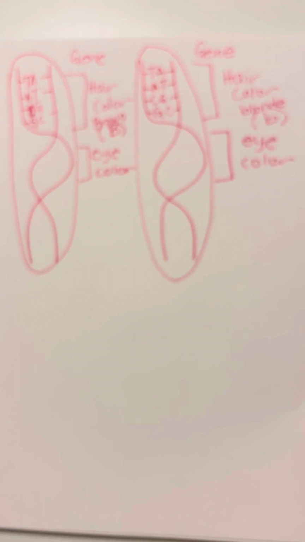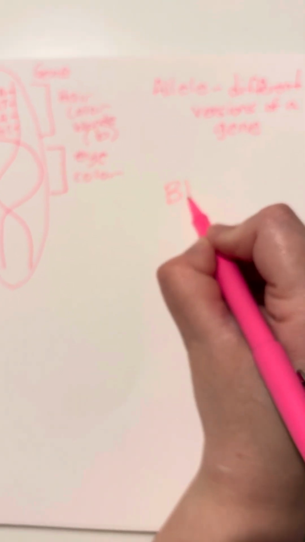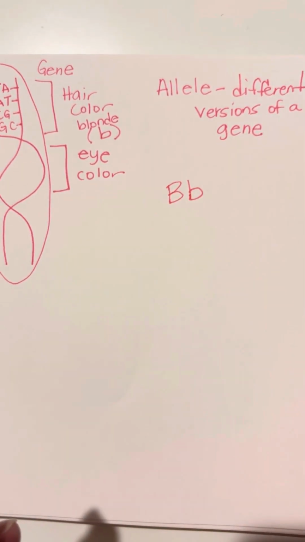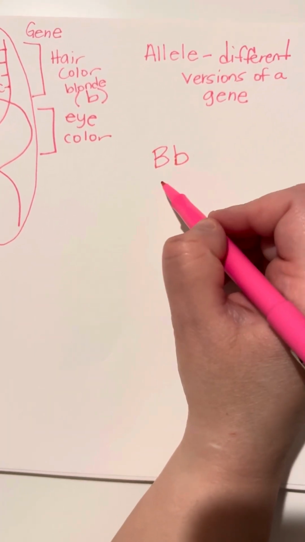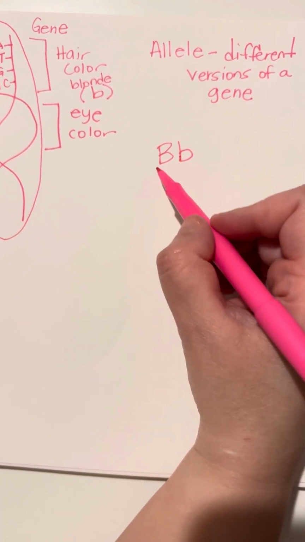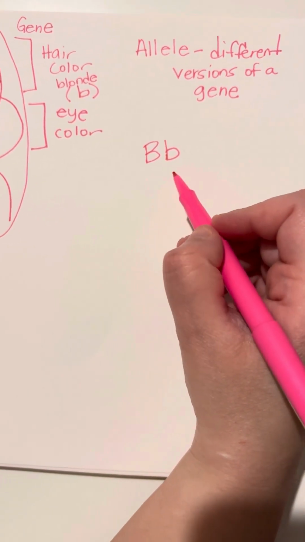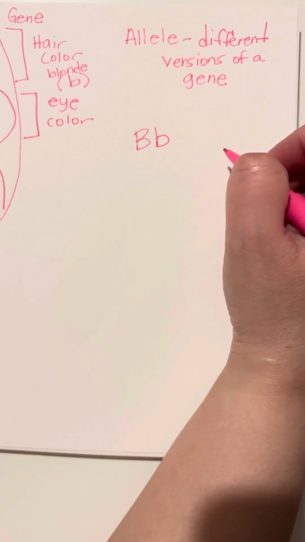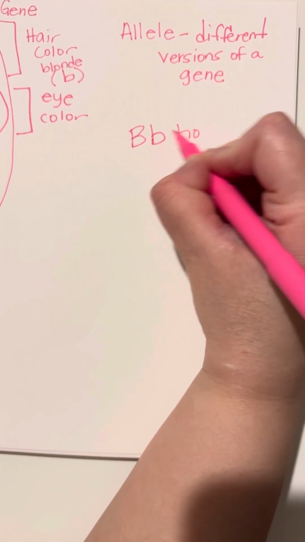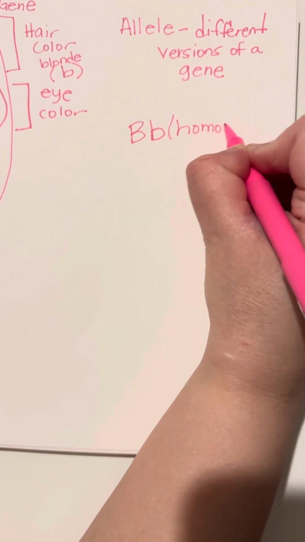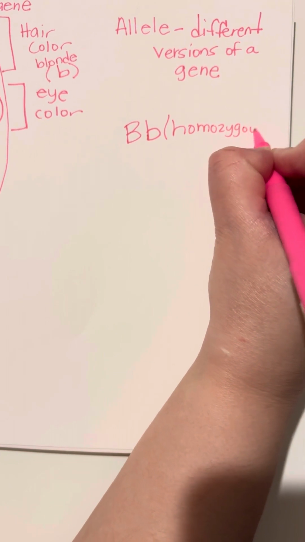Now I'm going to put my big B and my little b next to each other. The way the combination is here, one letter is uppercase, one letter is lowercase. So we say that this is homozygous.